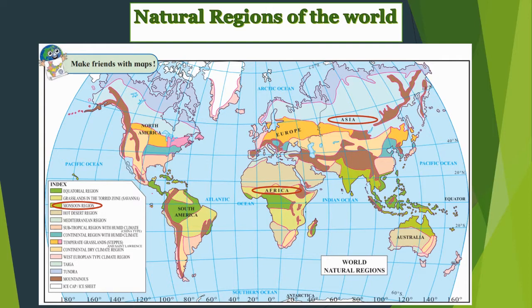And the last question is, throughout which natural region does the prime meridian pass? Well, that is the hot desert region, the Mediterranean type of climate, taiga, and the West European type of natural region.